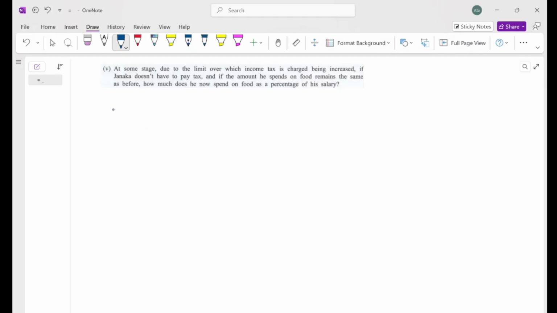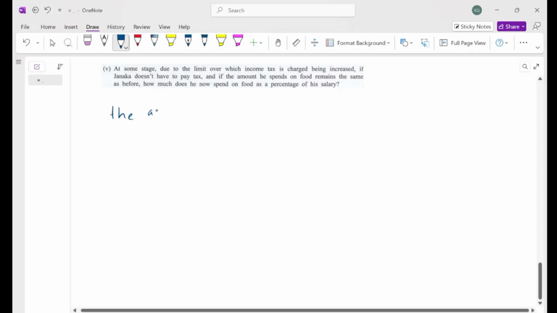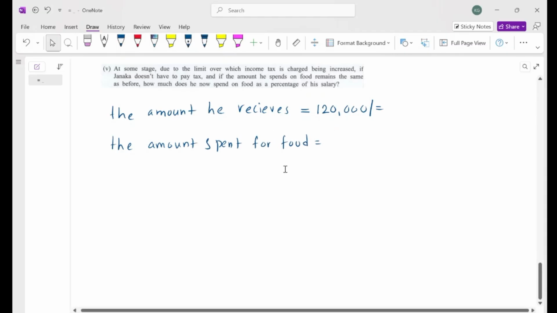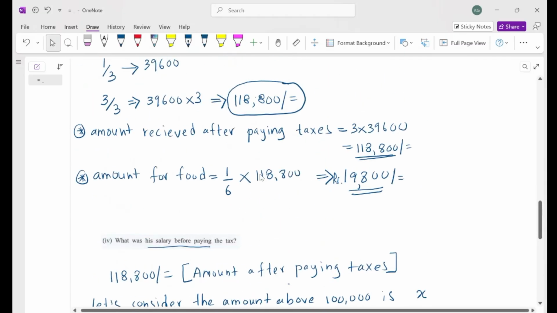Now the amount he receives is the total of 120,000. The amount spent for food is the same as before, so the amount for food is 19,800.